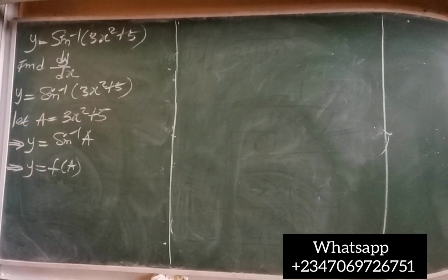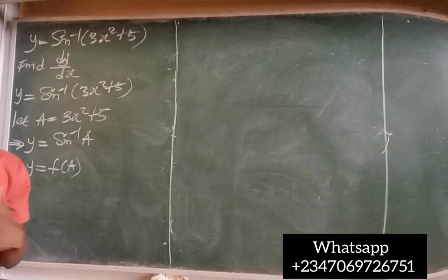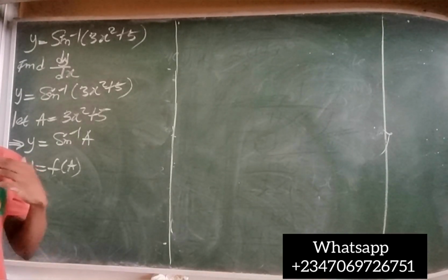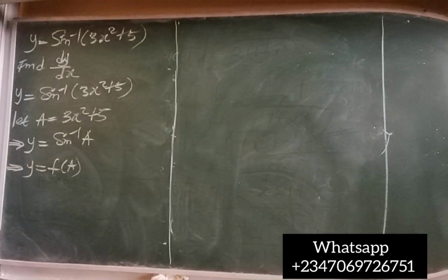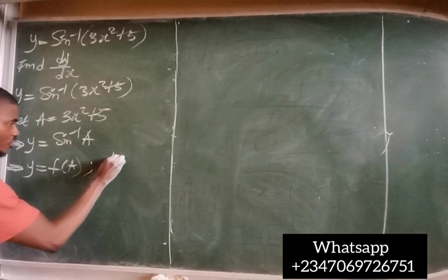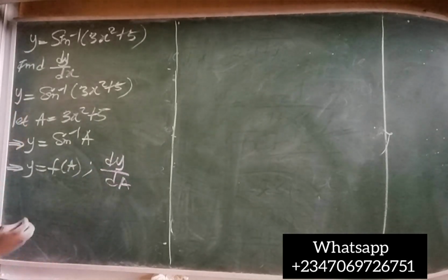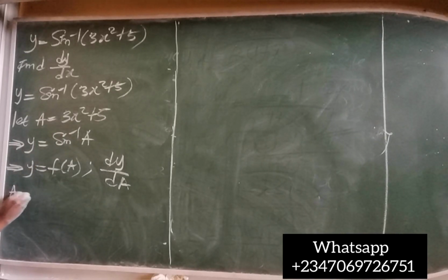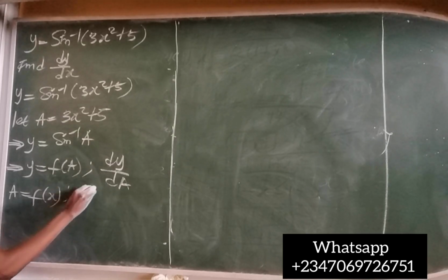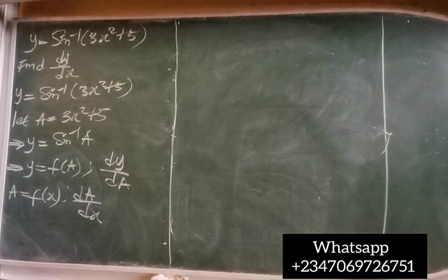So which means we have a function of a function, and I've always said if you have a function of a function, the only rule we can use to differentiate is the chain rule. Okay. So if y is a function of a, we can only differentiate y with respect to a. And a depends on the variable x, so a is also a function of x, and I can only differentiate a with respect to x.